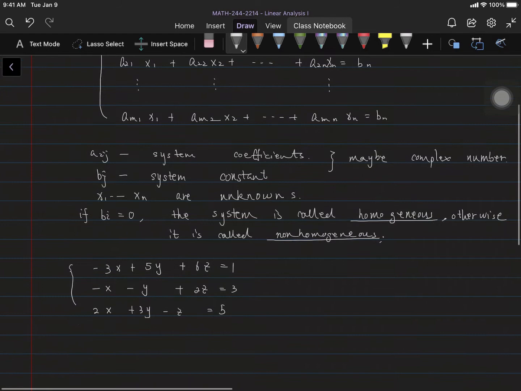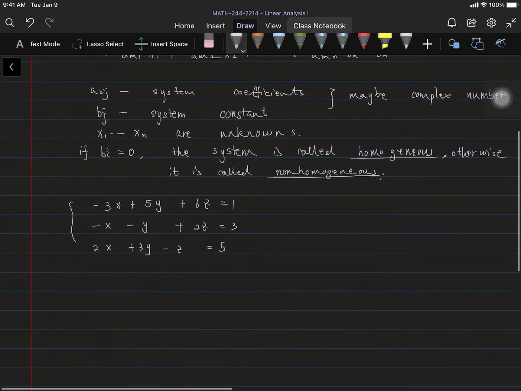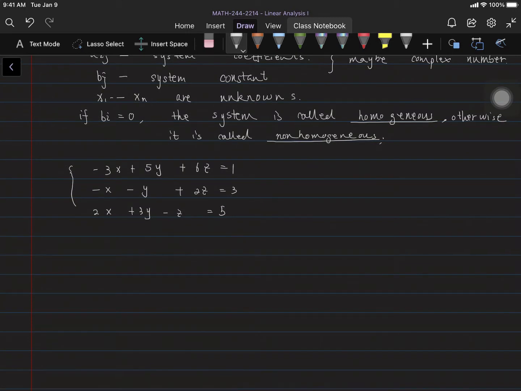The system has 3 equations, 3 unknowns. Here for the unknowns, we write down x, y, z, but in the future, we may also write x1, x2, x3 as the unknowns. So this is a linear system, 3 by 3 and non-homogeneous.